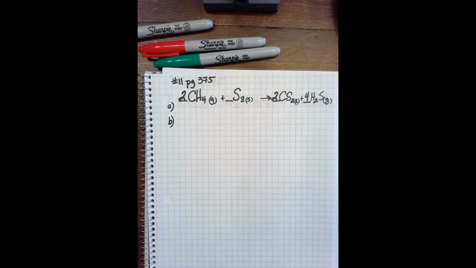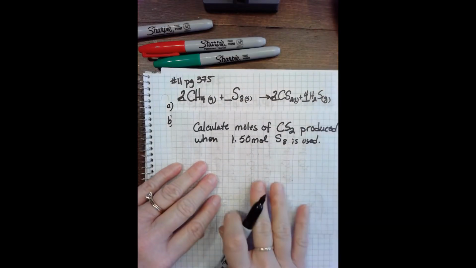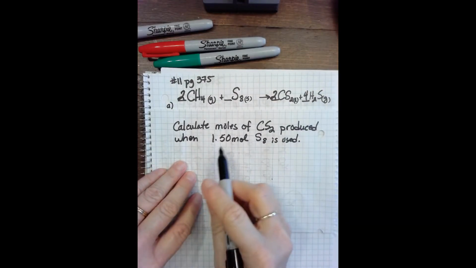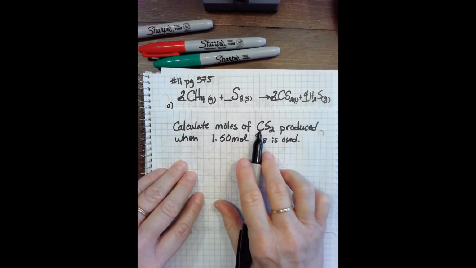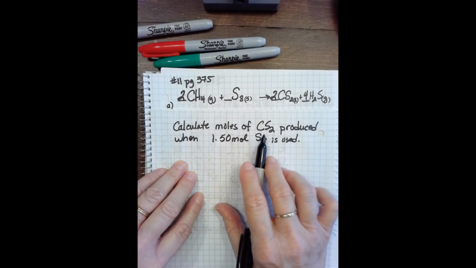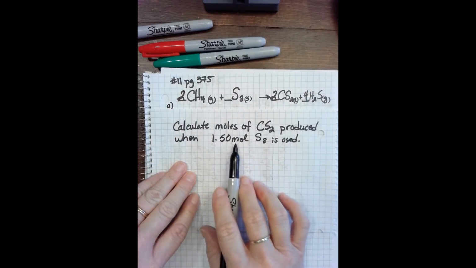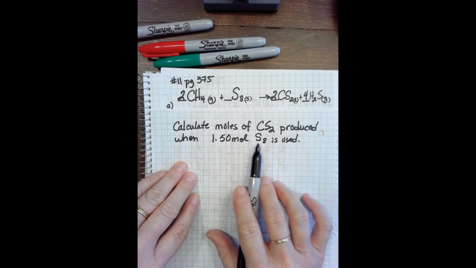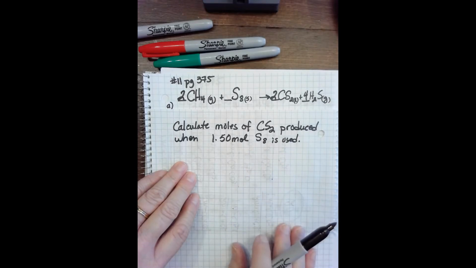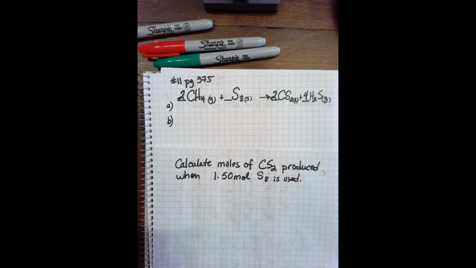B. This says for us to calculate moles of CS2, carbon disulfide, produced when 1.5 mole of sulfur is used. Okay, so let's look at what the balanced equation tells us.